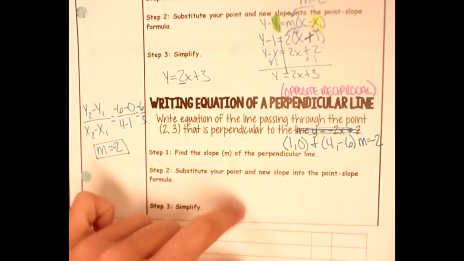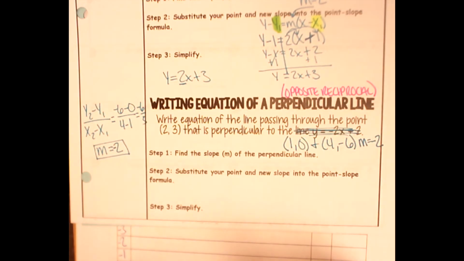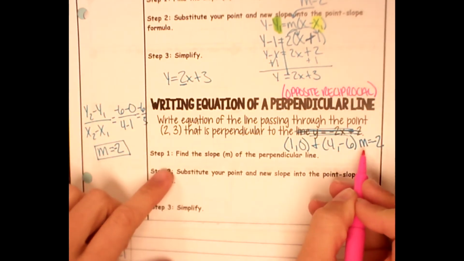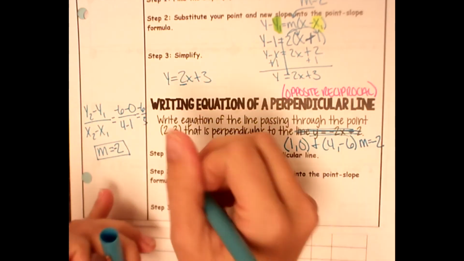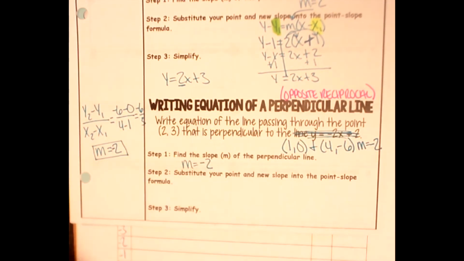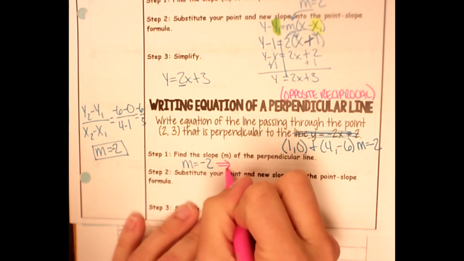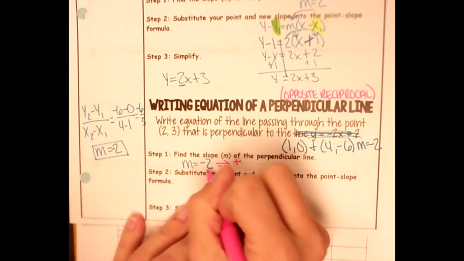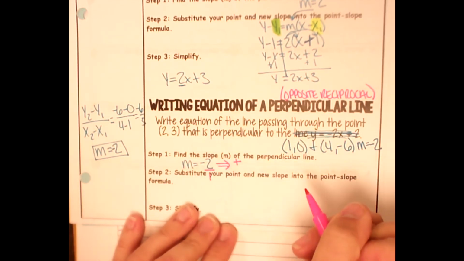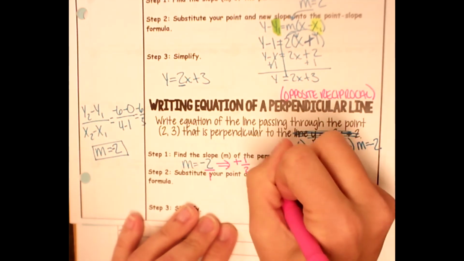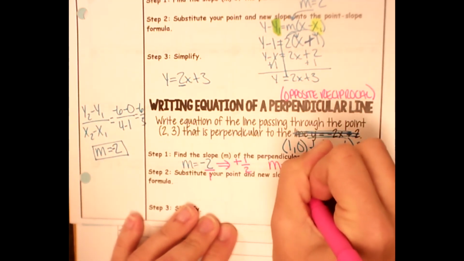You're going to change the sign and flip it. My original slope is m equals -2. My new slope of a perpendicular line, the negative is going to become a positive. This is -2 over 1. You have to flip it. It becomes positive 1/2. My new slope of my perpendicular line will be 1/2.